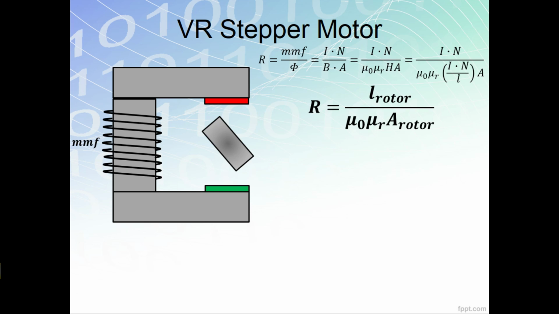So, how does the reluctance vary if the length and the area are fixed? Since the magnetic flux is B dot A, that means it is equal to the magnitude of B times the magnitude of A multiplied by the cosine of theta.